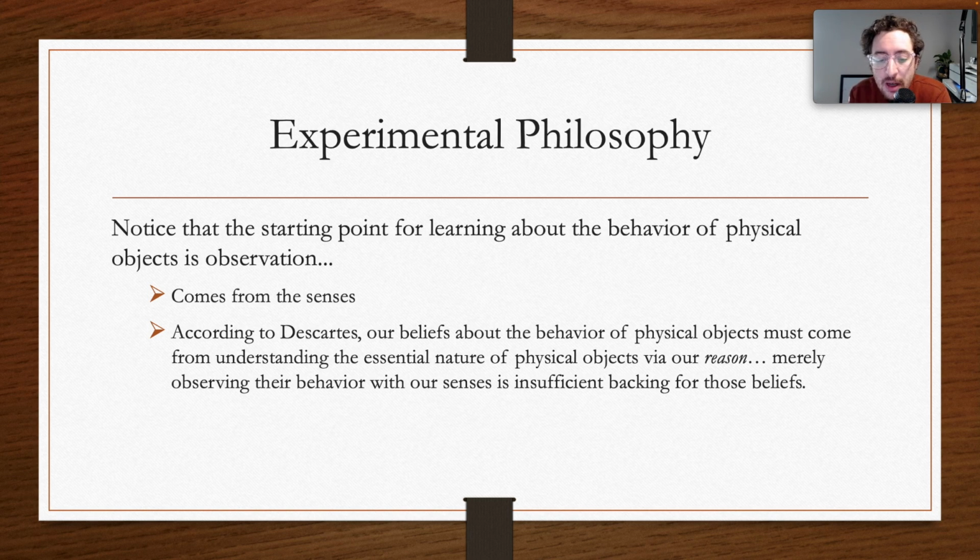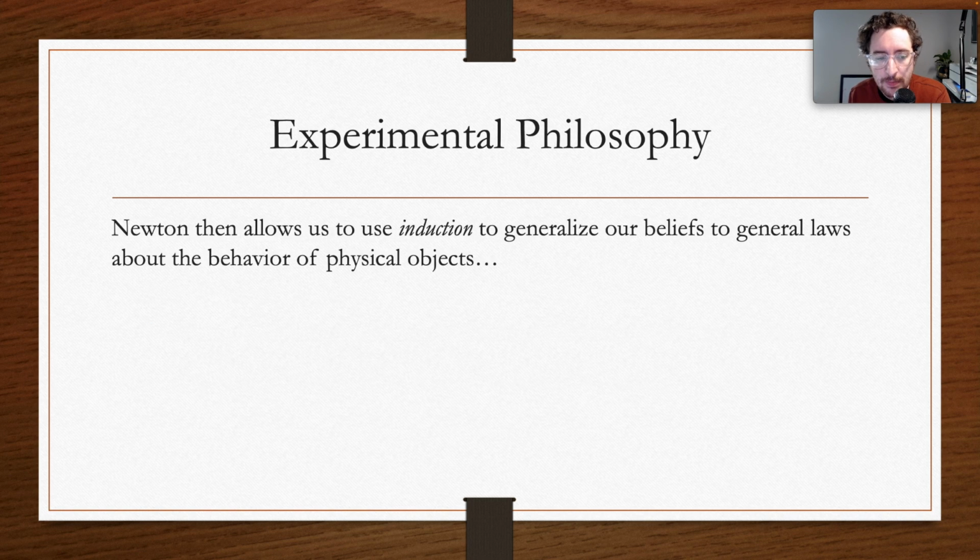Merely observing their behavior with our senses is insufficient for backing up those beliefs because our observations don't tell us about the inner essential nature. Remember that wax passage. We need to get to the essence of the physical object in order to explain how that physical object is going to behave, the laws that it's going to operate by. So there's a big disagreement here between Descartes' method and Newton's method.